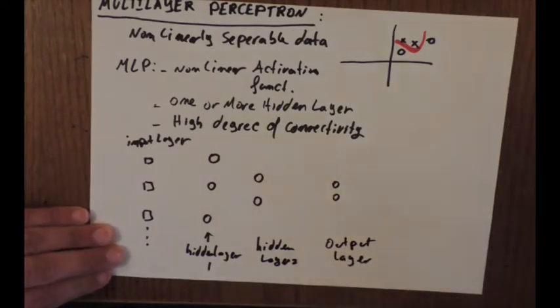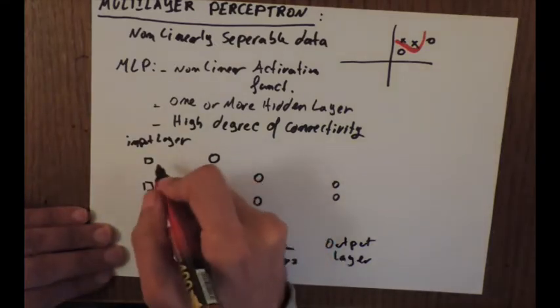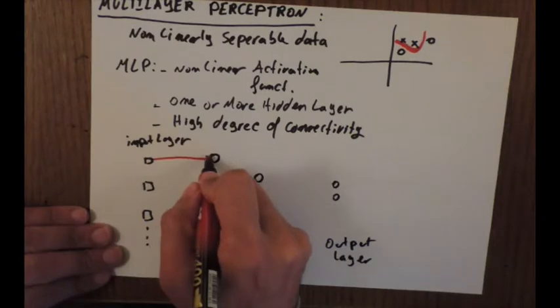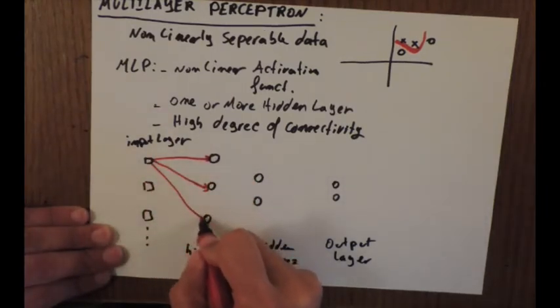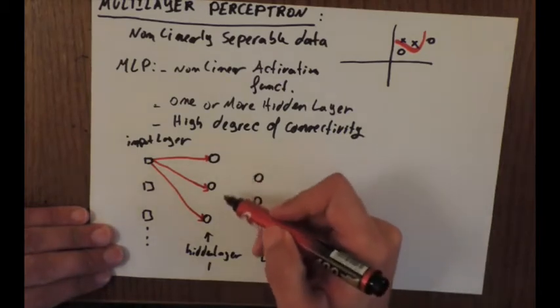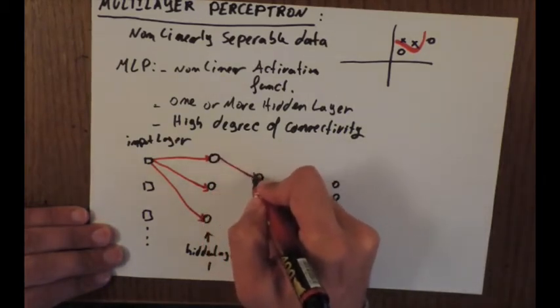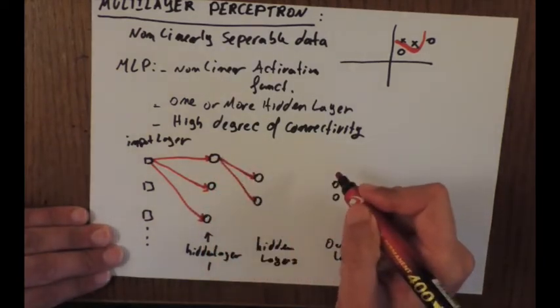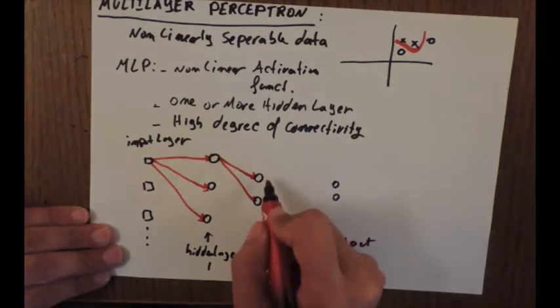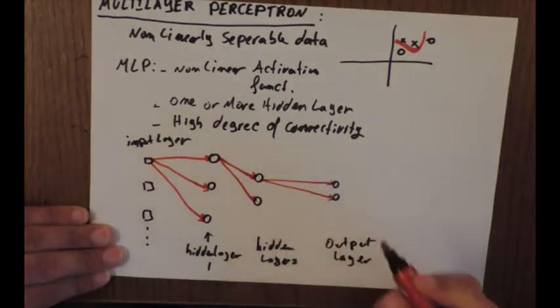The connectivity is usually a fully connected network, not necessarily always. Each input is fed to each neuron in the hidden layer, and in turn these will also be connected to all neurons in the second hidden layer, and of course this will be connected to the output layer.